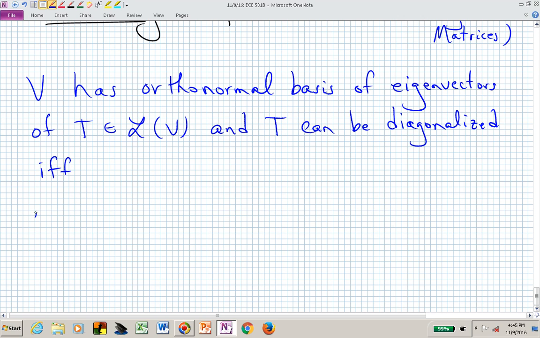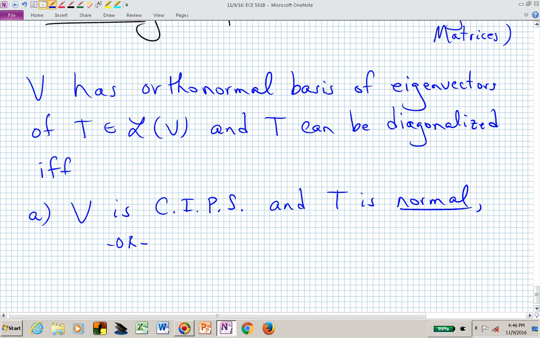If and only if A, the vector space is a complex inner product space and the linear operator T is normal, then it can be diagonalized and we have an orthonormal basis of eigenvectors.